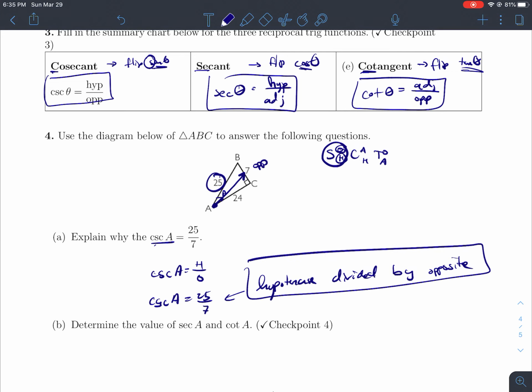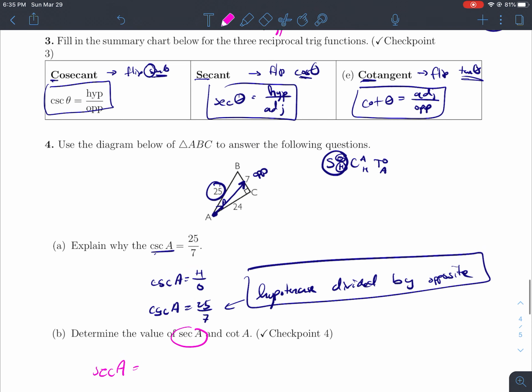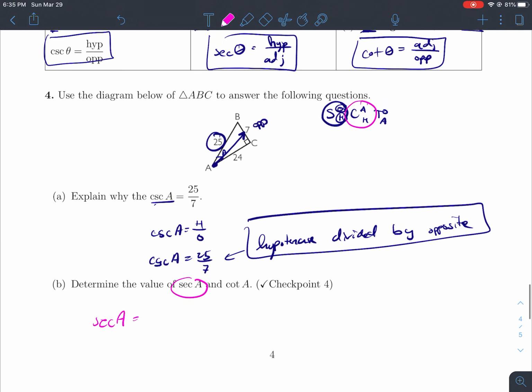All right, so for checkpoint 4 here, take a minute and see if you can figure out secant A and cotangent A. All right, well, we know secant A is going to be the flip of cosine, so we do hypotenuse over adjacent. You should have gotten 25 over 24 here.